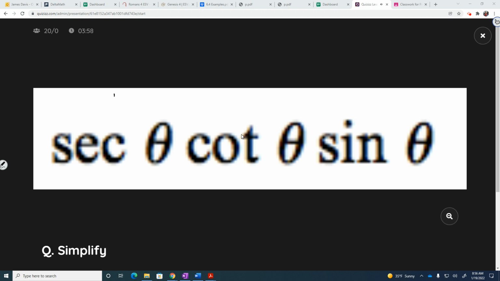Secant is 1 over cosine. Cotangent is cosine over sine. Sine is sine. And what happens is, well, these two cancel. These two cancel, so these are just 1.